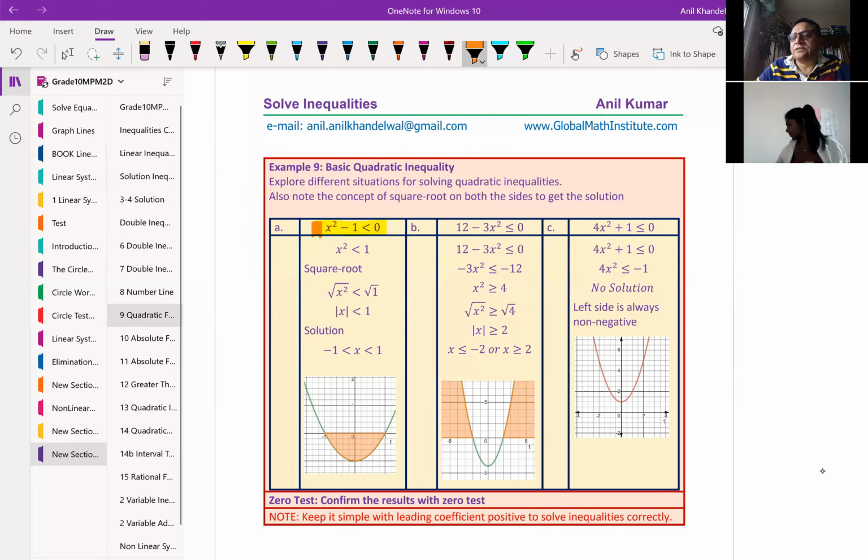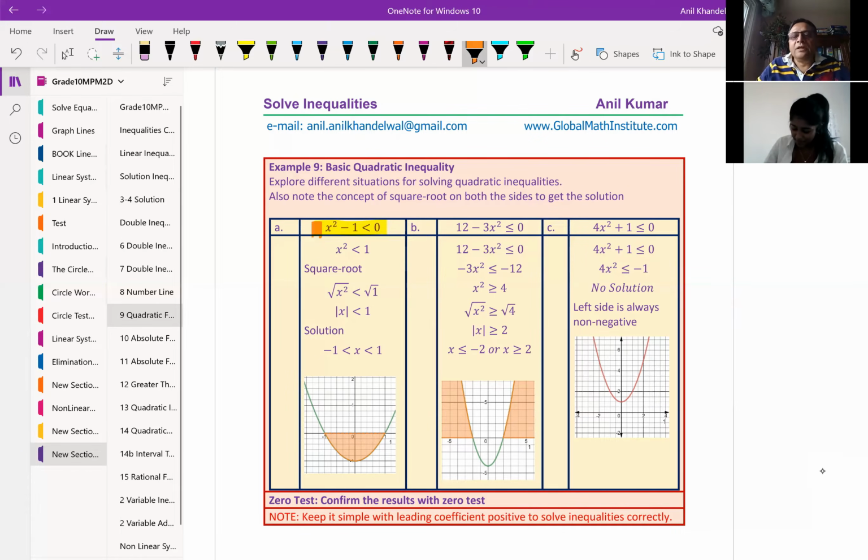So make a note of this. Leading coefficient positive. Now you have freedom of making the leading coefficient positive. Do it at the first instance. Okay. You understand? Otherwise, the rules won't work. The rules will not work. You'll get confused. No point, right? So keep that positive. First thing.